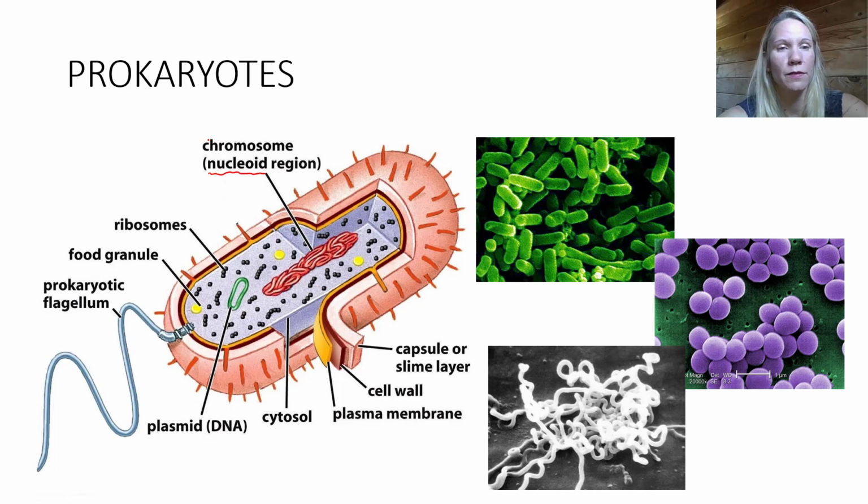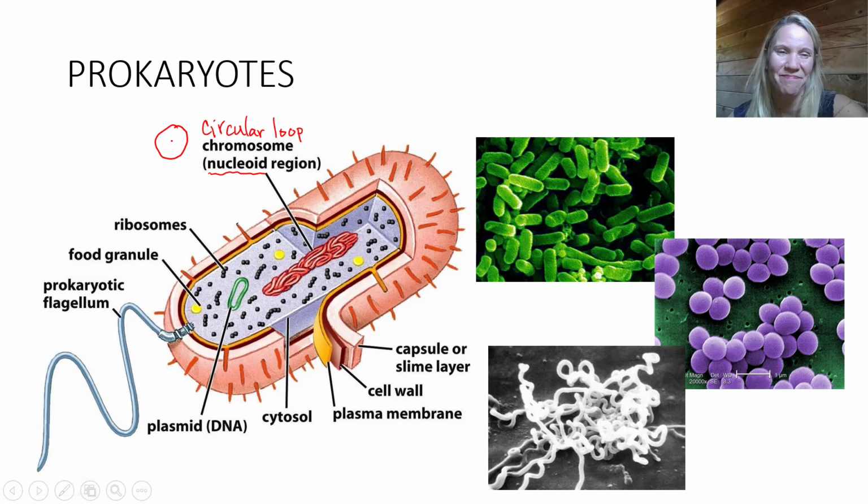Also, let's note here that we have a circular loop. That doesn't really seem apparent in this particular picture. So let's draw it like that. However, in the lectures on biotechnology, I talked to you about plasmids.